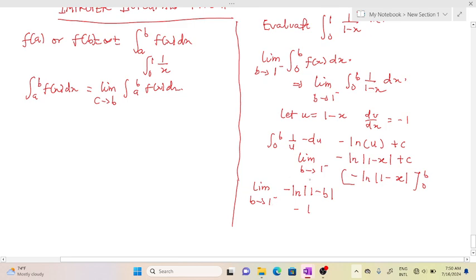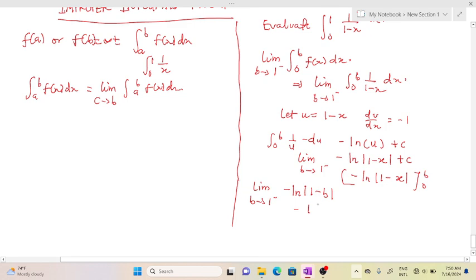On the left side of 1, you can have something like 0.999999. So you can take your calculator, punch negative natural log of 1 minus 0.999999, and you realize that you'll be getting a positive number, about 9.2. You can make the 9s as many as you want.